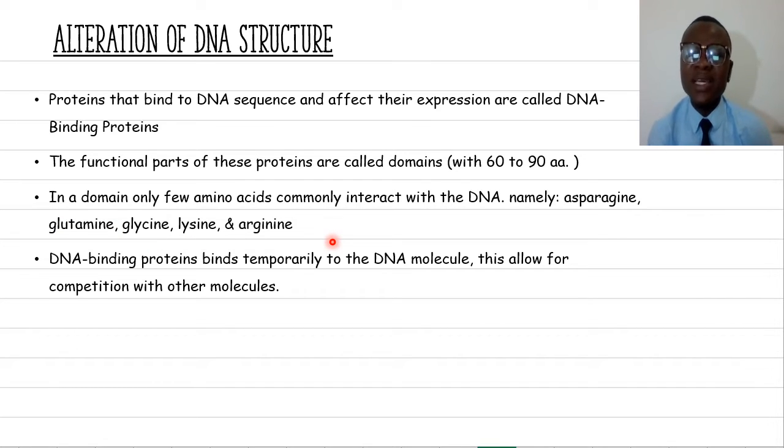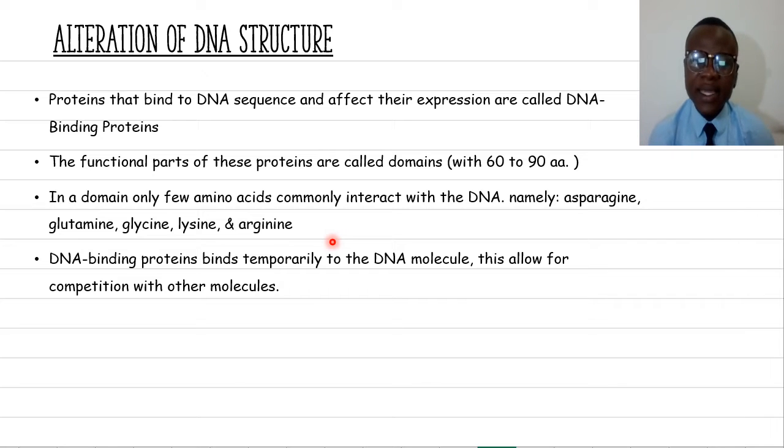So, those are the common amino acids that actually interact with the DNA, and it is based in part on the polarity. So that's one reason that accounts for these amino acids interacting with the DNA.